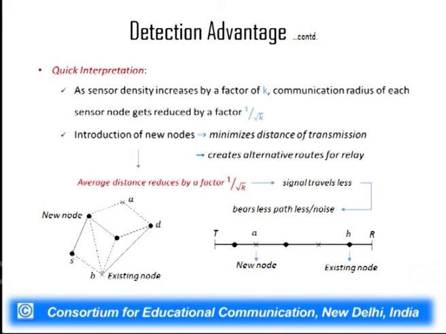A quick interpretation: as the sensor density increases by a factor of k, where small k is the number of nodes deployed into the region, the communication radius also gets reduced by a factor of 1 by root k, which is a considerable decrease in the communication radius.